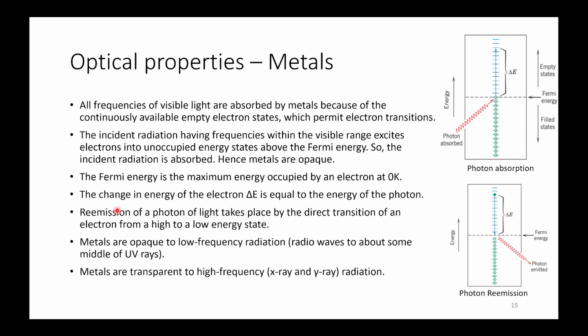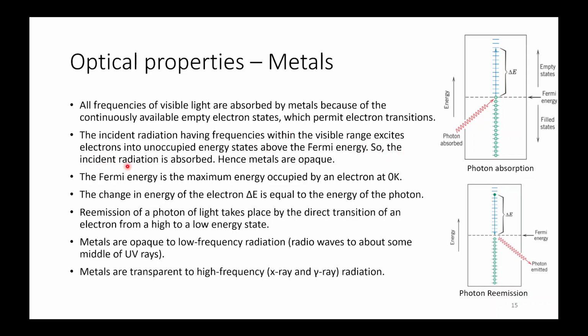Optical properties of metals. All frequencies of visible light are absorbed by metals because of the continuously available empty electron states which permit electron transitions. The incident radiation having frequencies within the visible range excites electrons into unoccupied energy states above the Fermi energy level.